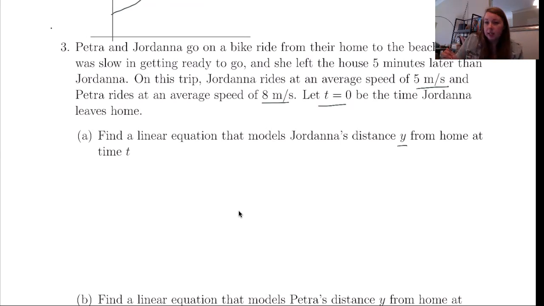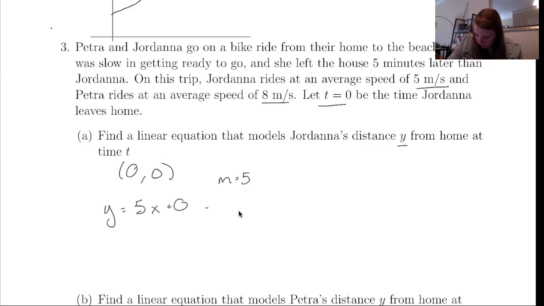For like a millisecond, she's at home. So Jordana has the point (0, 0). So it's y equals, what's her speed? Average speed is 5. So her slope is 5. So 5x plus 0, or just, oh, not x, sorry. I don't know what x is defined as, only t. So y equals 5t. Okay?